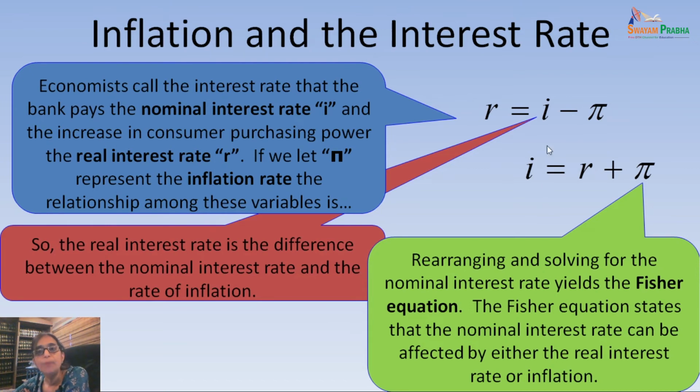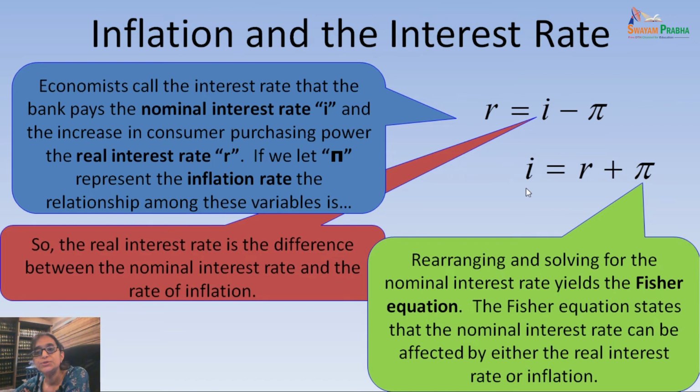Why? Because nominal interest rates are determined keeping in mind what is the rate of inflation and what is this real interest rate. That is what you mean by Fisher equation. So what is the Fisher equation? The Fisher equation is giving you a relationship between nominal interest rates, real interest rates and inflation rate.